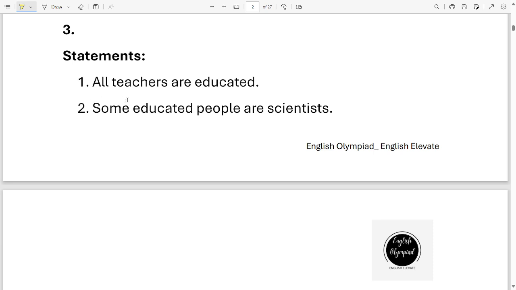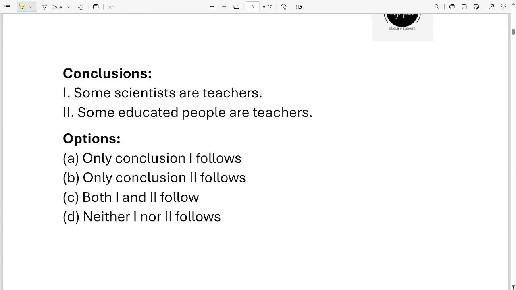So look at the first statement. It's saying all teachers are educated. It means whoever is a teacher is educated. And the next sentence says some educated people are scientists. So it could be some educated people are teachers also. And the conclusion is some scientists are teachers. There's a possibility that some scientists are teachers.